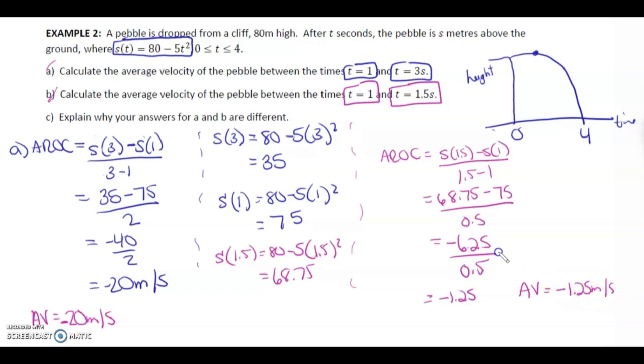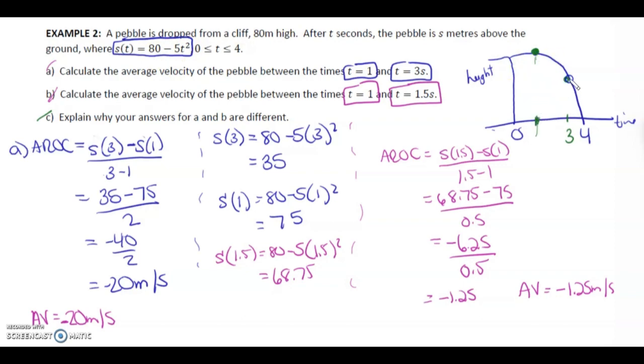So a big difference here, okay, and we've got to think and explain why your answers for A and B are so different, okay? So let's take a look at where s at 1 is. So possibly at 1, we're kind of talking about a vertex. And if we go between 1 and 3, and I'm not sure of this because I didn't actually do the math, I could, but I'm just going to talk approximately, okay?